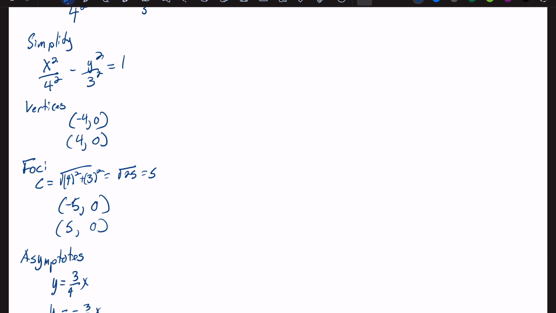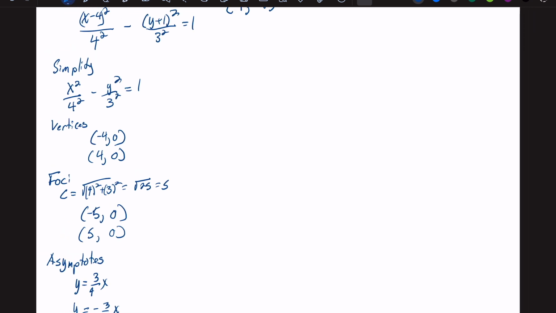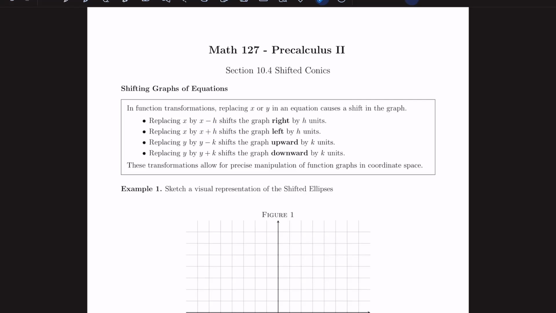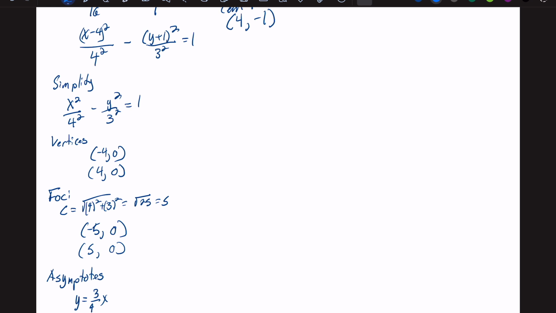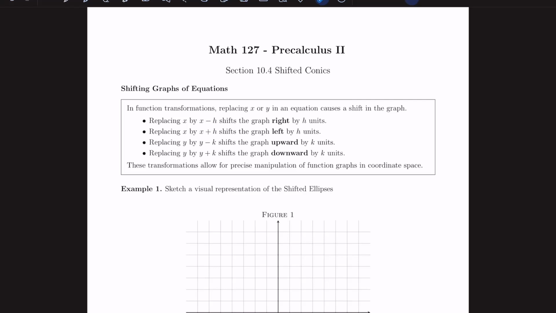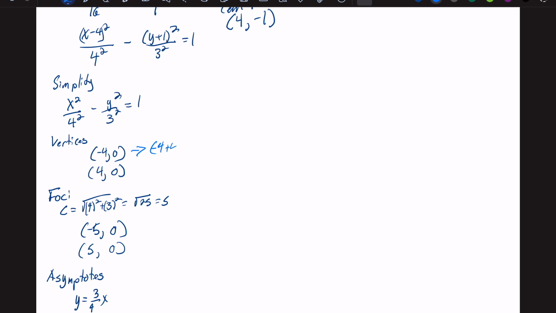I'm going to write them as a separate set for obvious reasons in a second. All right, so now what do we do? Well, we just take our simplified version and we add our center to everything we solved. So let's do that carefully. Here, this will be -4 plus 4, and 0 minus 1, and that will give us our new point of (0, -1).